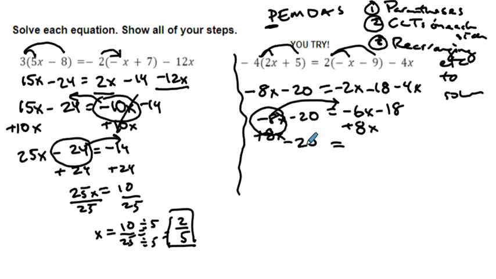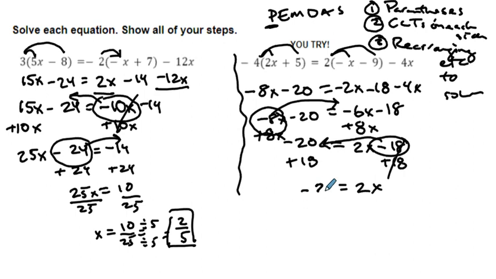So that gives me negative 20 over here, and then 8 minus 6 is 2, and then 2x minus 18. Let's add 18 to both sides, because we are moving this over here. So this gives me 2x, cancels out here, and then negative 20 and positive 18 gives me negative 2.